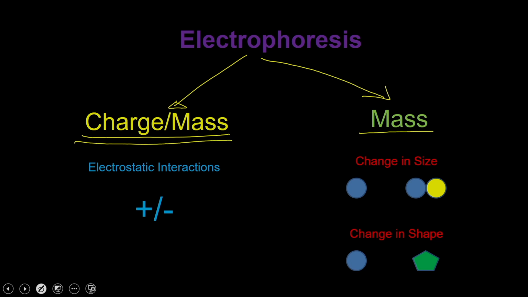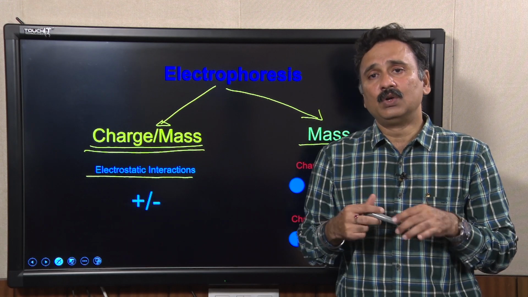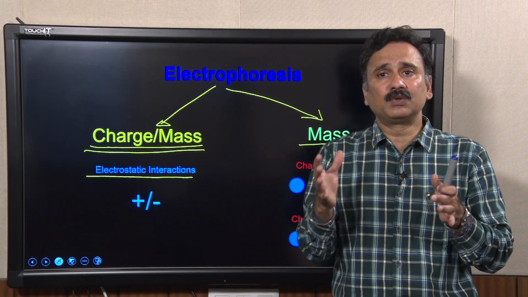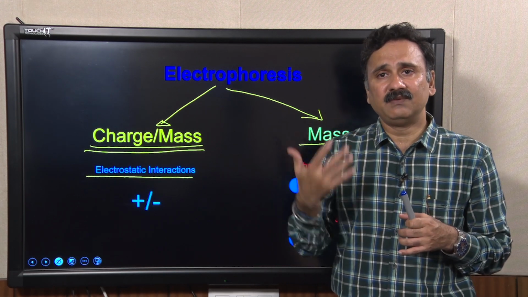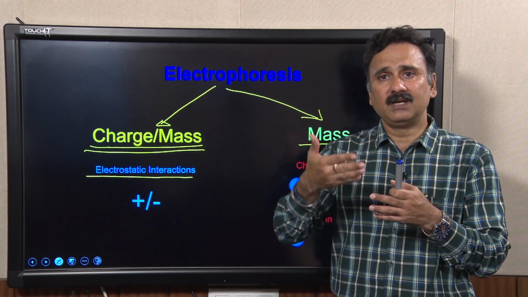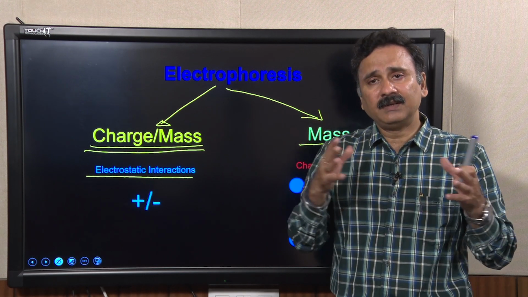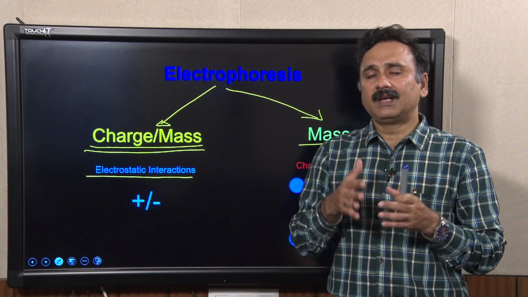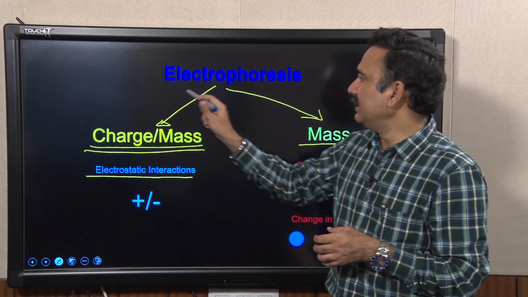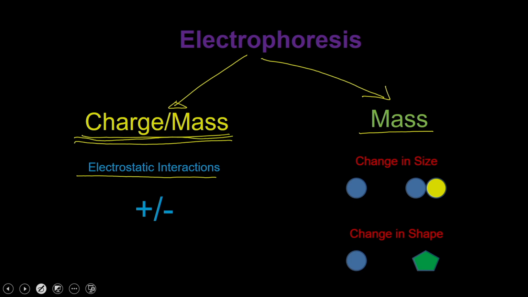If the molecules are separated based on the charge by mass ratio, the process is sensitive to electrostatic interactions, which means electrophoresis can be utilized to map interactions where electrostatic interactions play the major role, whether imparting positive charges to the molecules, imparting negative charges to the molecules, or positive and negative charges coming together and forming complexes. These kinds of questions can be addressed because electrophoresis considers the charge by mass ratio as one of the criteria to separate the molecules.